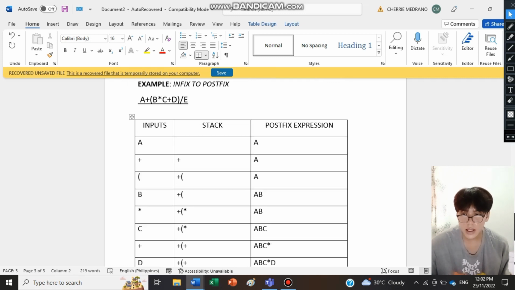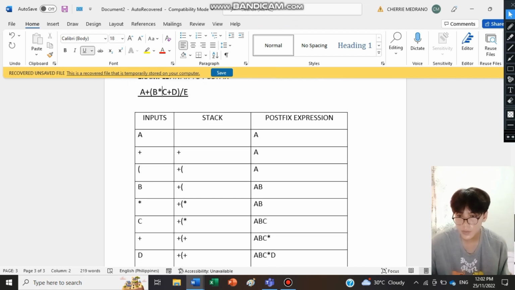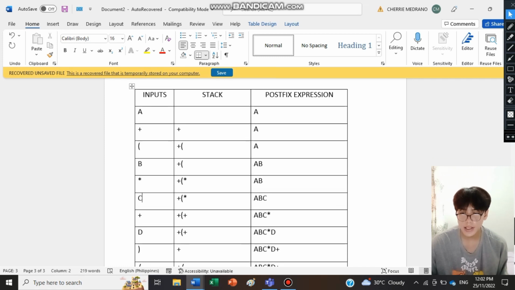Next is the C. C is an operand, so of course we're going to push it into our postfix expression column. Now in our postfix expression column we have A, B, C. For our stack we still have the plus operator, open parentheses, and the asterisk sign.